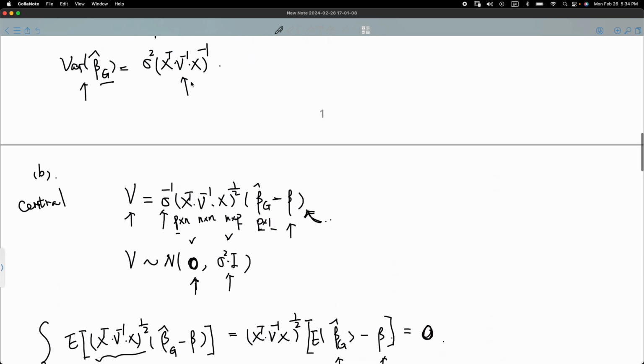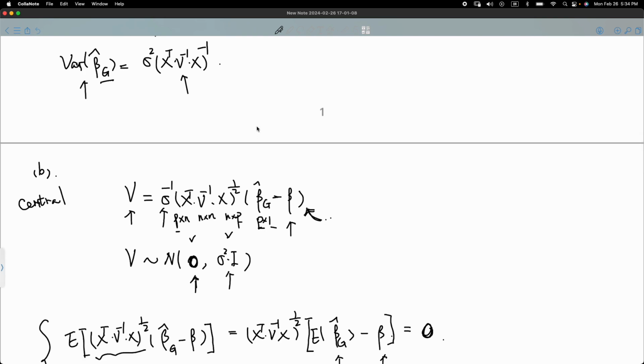The only difference from part C to part B is that we are not subtracting this one here. But we still need to perform the same standardization. So in the end, you will have the same sigma squared multiplied by identity. But we won't be able to get the mean vector to 0.